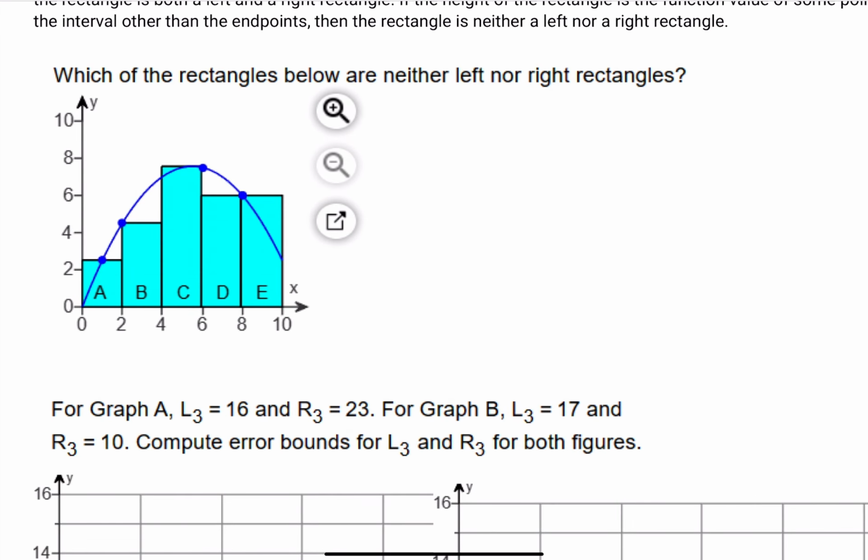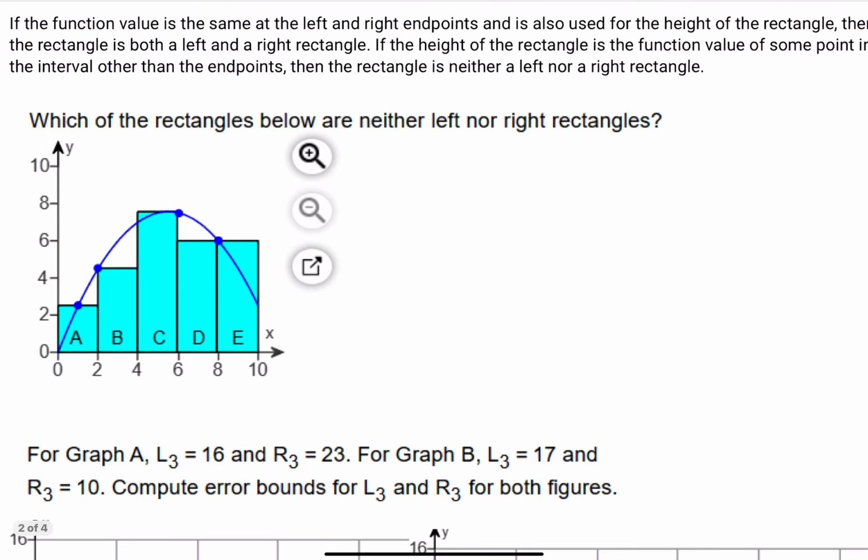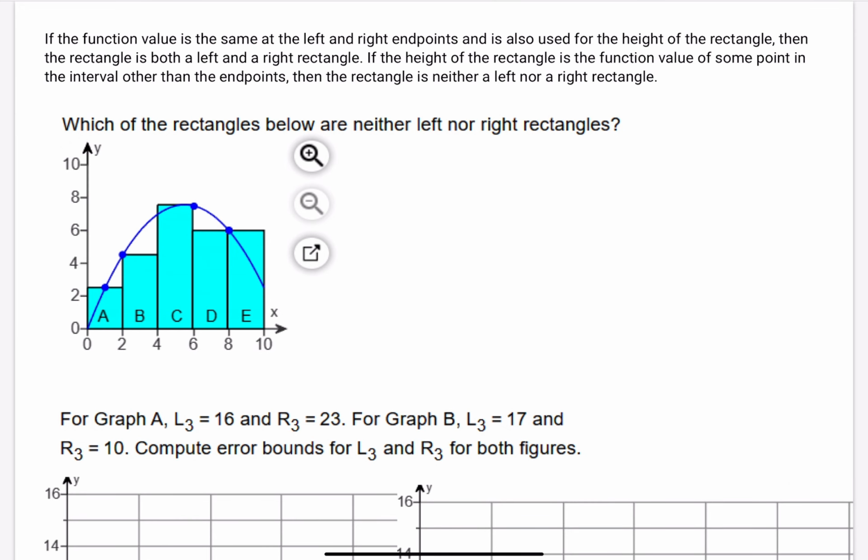Which of the rectangles below are neither left nor right rectangles? Before I work this problem, let's see what a right and left rectangle is. If the function value at the left endpoint is also the height of the rectangle, then it is a left rectangle.